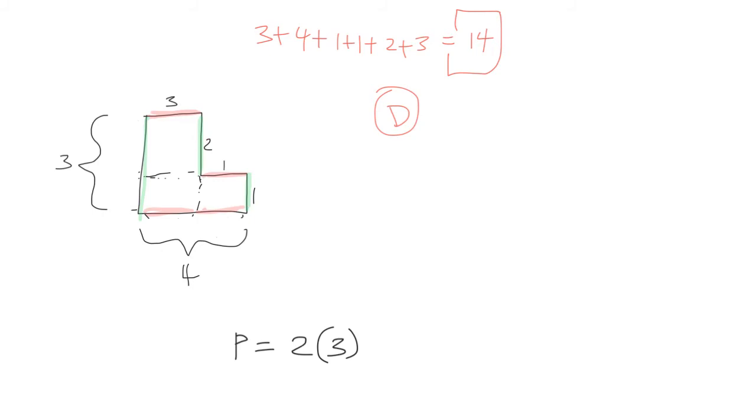So it's going to be 2 times 3 plus 2 times 4 for the exact same reason, because this whole red is 4, and this red plus this red reflects this situation down below, which is 4.